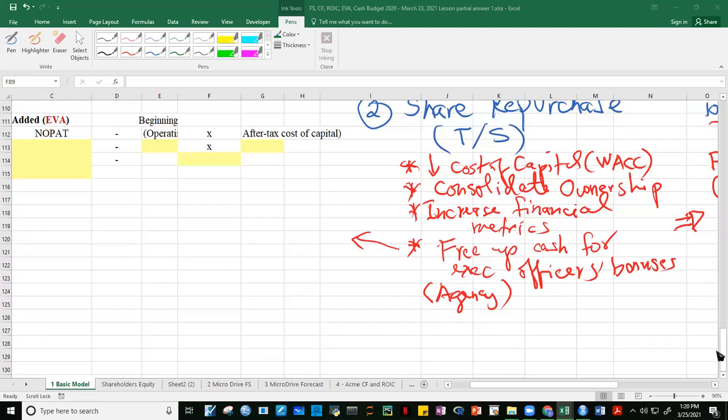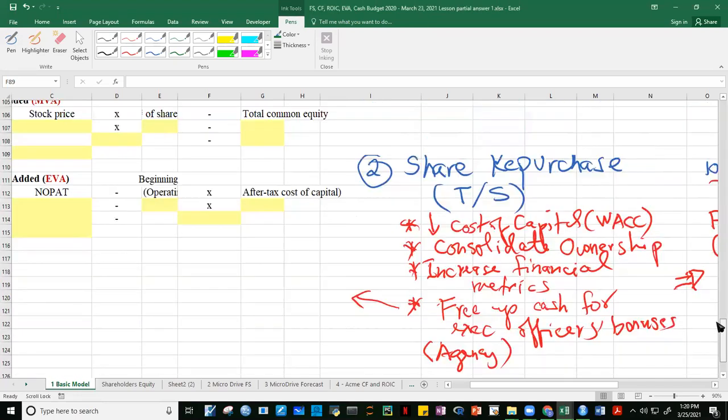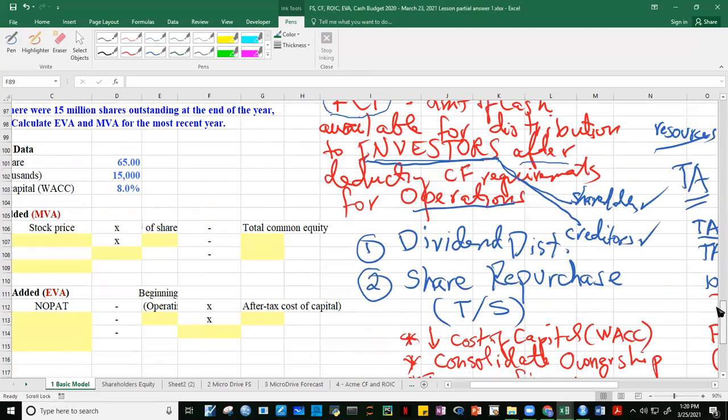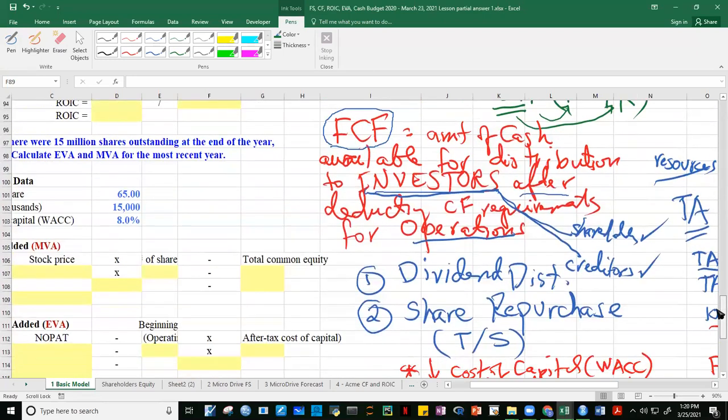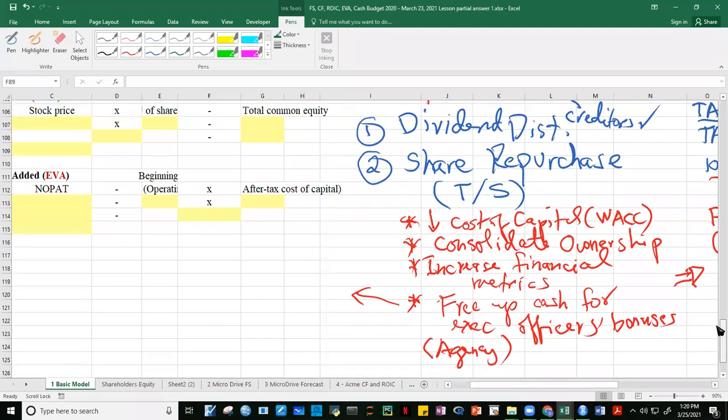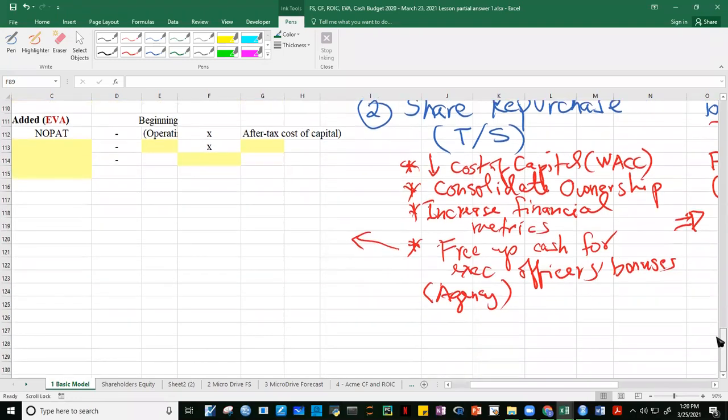Okay, so in a nutshell, guys, that's it. So I'm just reviewing this. Dividend distribution, still going back to the purpose of free cash flow and its importance for dividend distribution, for share repurchase. What else? Of course, our investors are not only shareholders but also creditors.